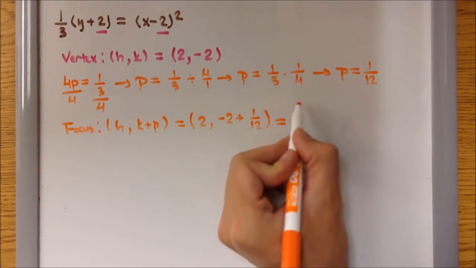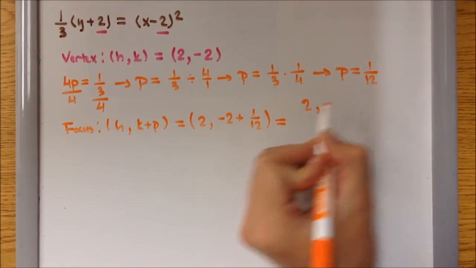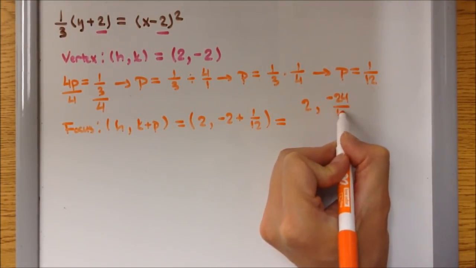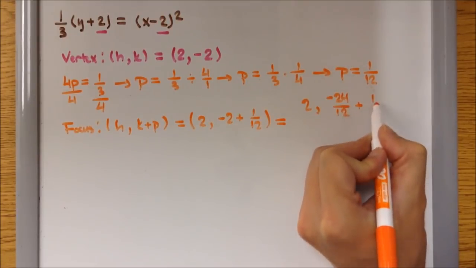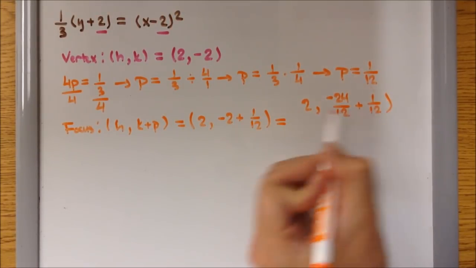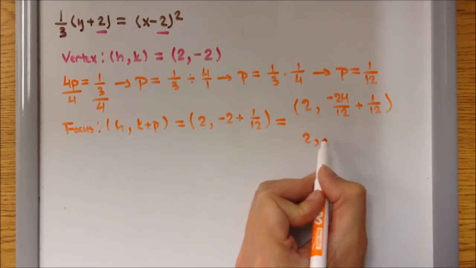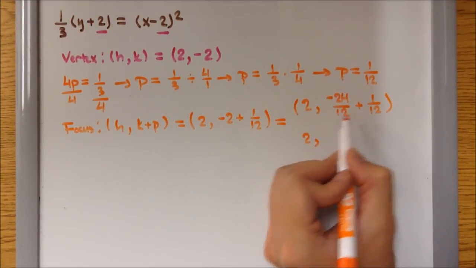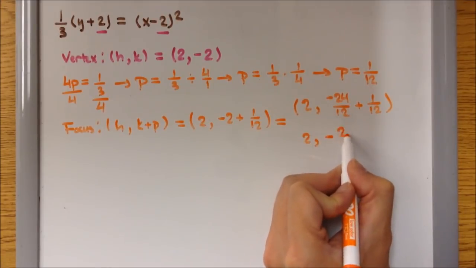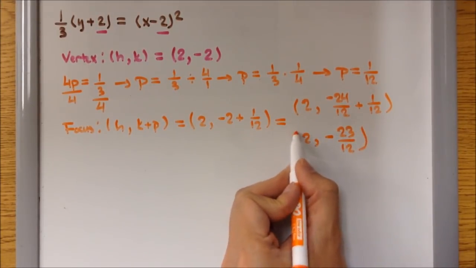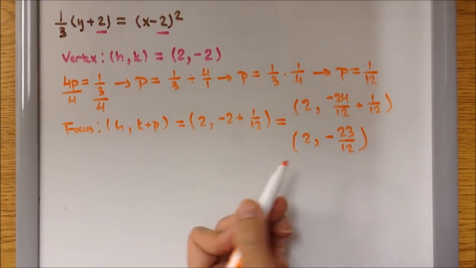So that's going to be 2 comma negative 24 over 12 plus 1/12. Now combining these two fractions would be 2 comma negative 23 over 12. So that's our focus.